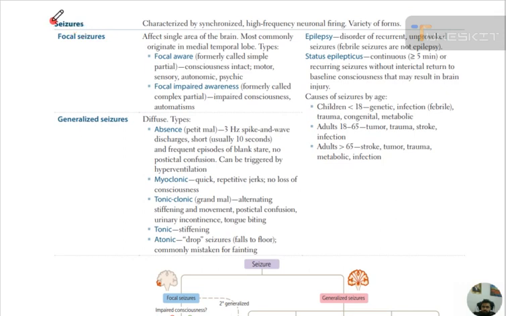What are seizures? These are characterized by synchronized high frequency neuronal firings, and there are a variety of these. These may be focal seizures involving only some part of our body, or generalized seizures in which our whole body may have seizures.